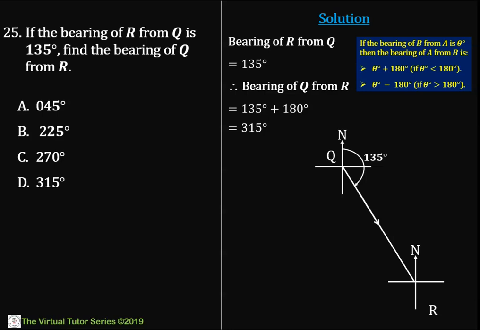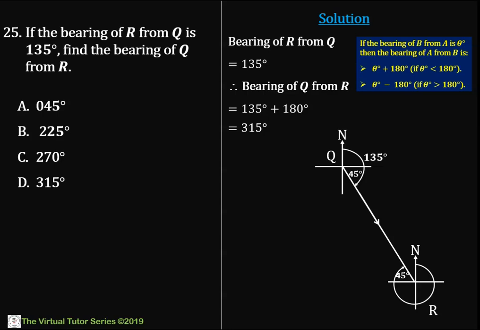Quadrant is 90 degrees. Therefore, half of the quadrant is 45 degrees. Alternate angles are equal. So this angle is also 45 degrees. The bearing of Q from R is measured from the north of R to the northwest.